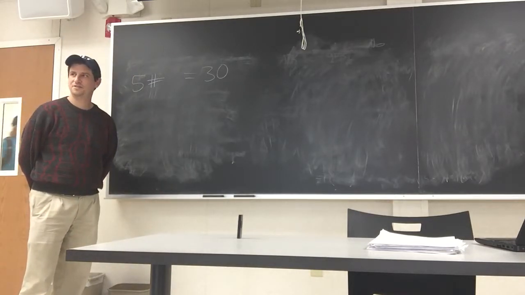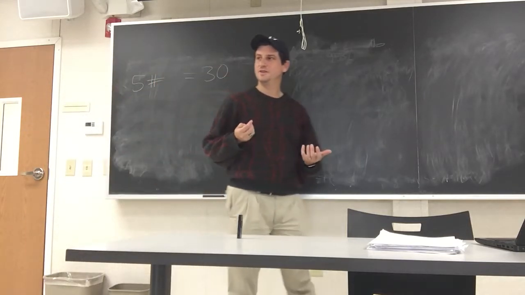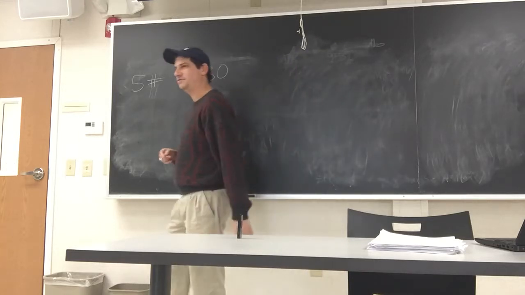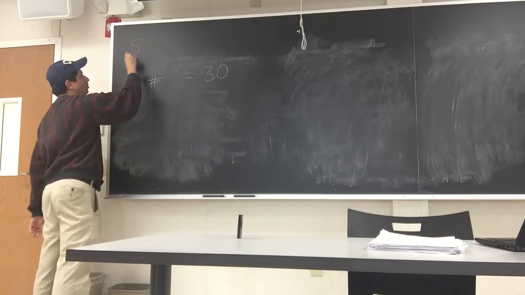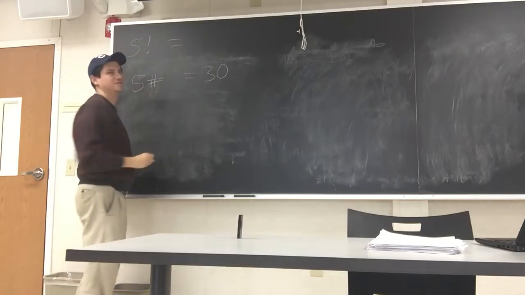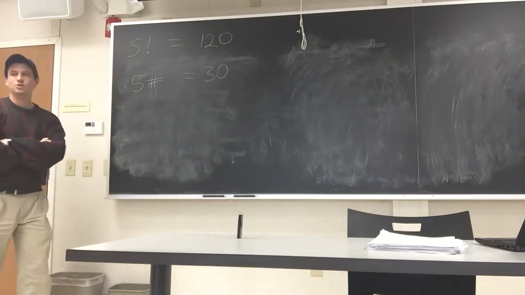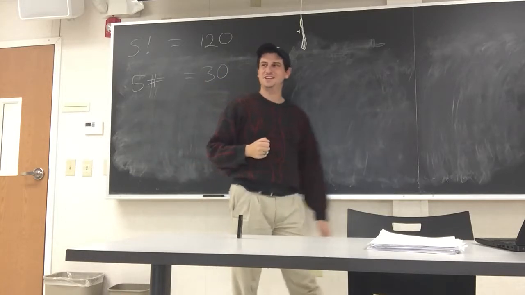No, I don't think so. Just like a symbol after a number? Yeah, like a punctuation mark after a number. Factorial. So what would 5 factorial be? 120. So now that you know 5 factorial is 120, what might you guess the pound sign is?